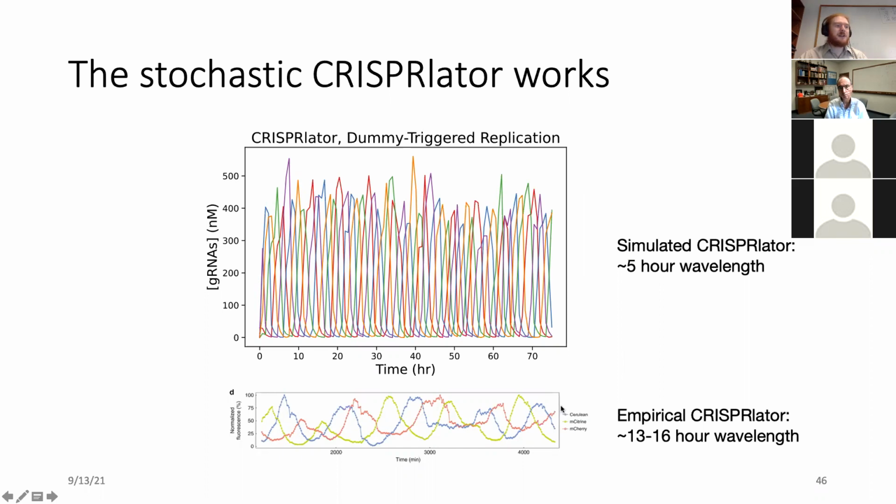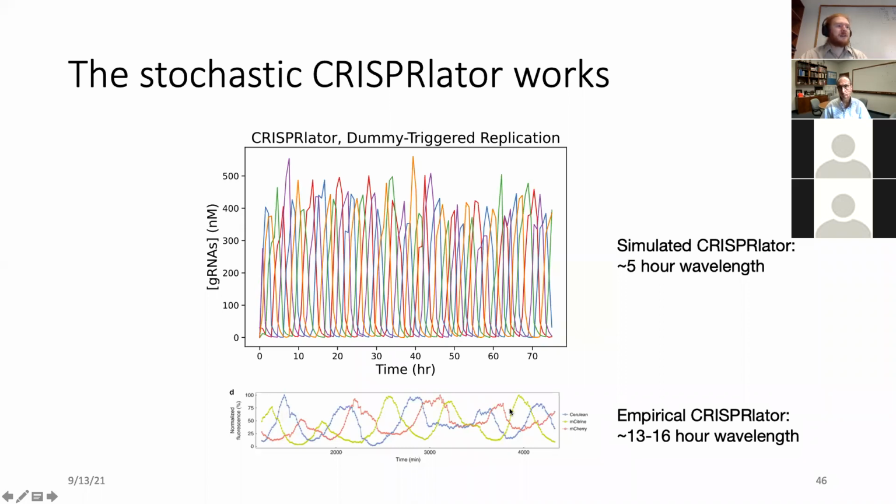It's scaled on the x-axis to be the same time scale as this real data down below. And you can see there's quite a bit of difference, especially in the speed of oscillation of these two. The cells that were used for the real experiment here were fairly slow growing, which accounts for some, but not all or even most of the difference in speeds between these two.